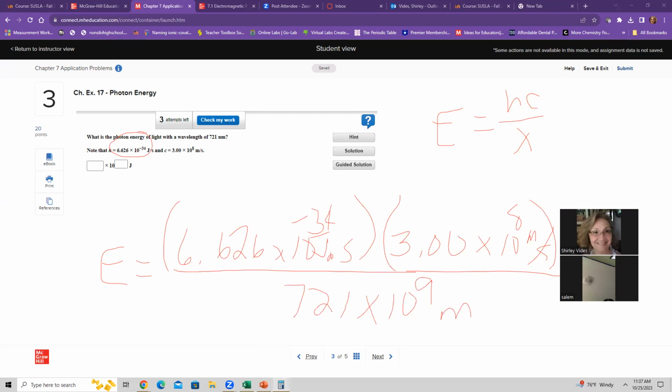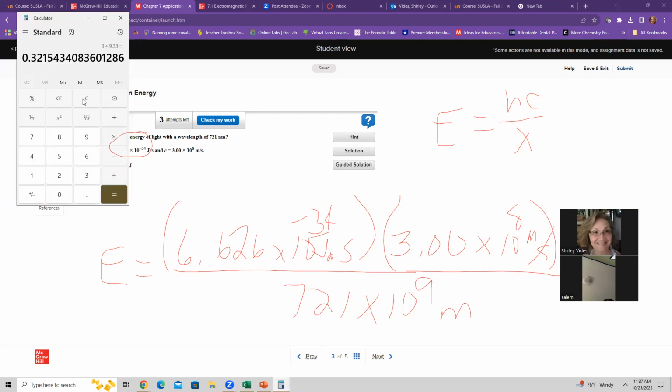It would be 6.626 times the 3.00, and then that answer divided by the 721. So this is the answer without any exponents yet. And we need 3 sig figs, so 0.275 for me.